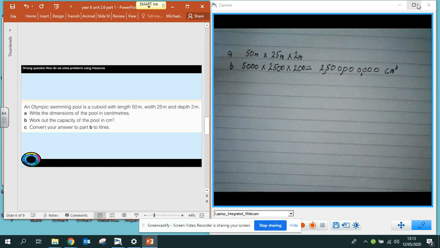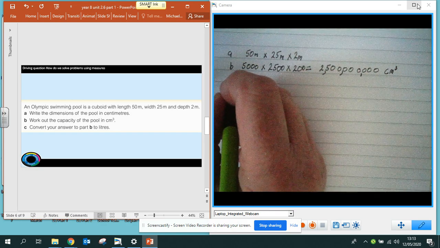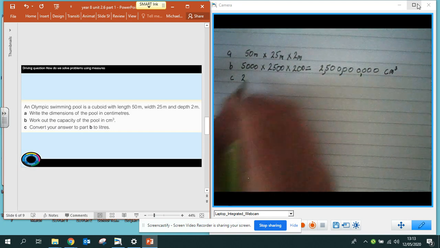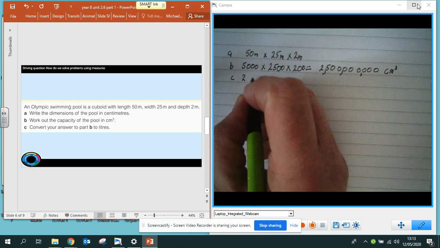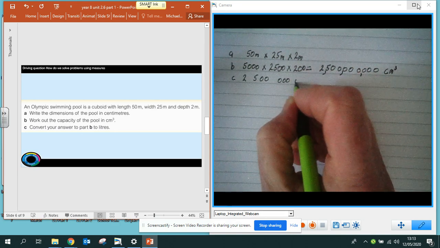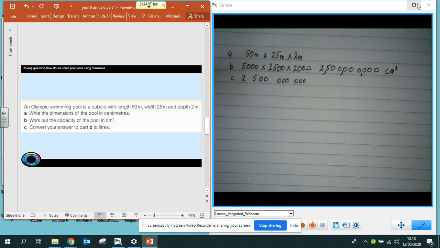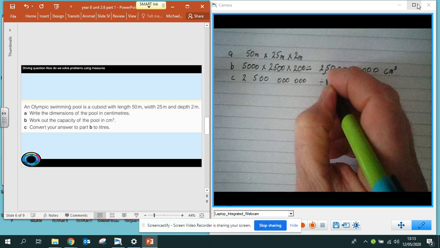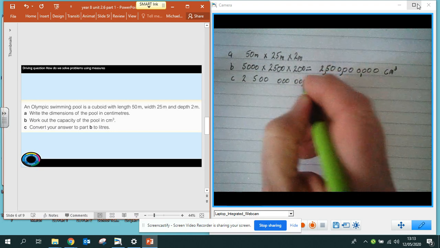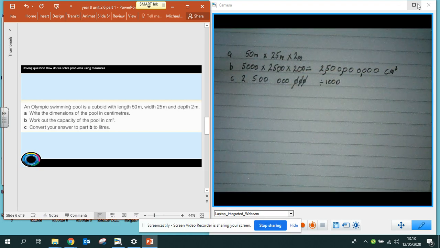That's part B. And to do that, basically, I've got to divide by 1,000. I divide a number by 1,000 by removing 3 zeros. So I'm going to have that number. Let's see if I can write it out properly. To divide a number by 1,000, what I need to do is cross off 3 zeros.